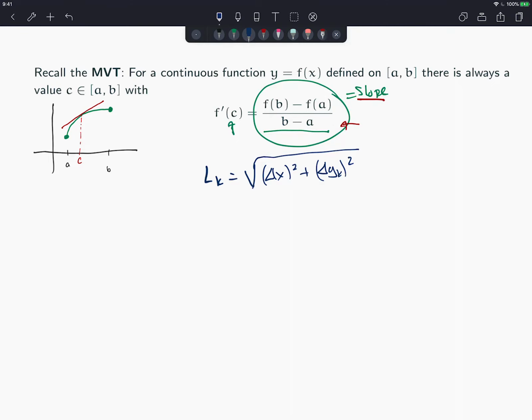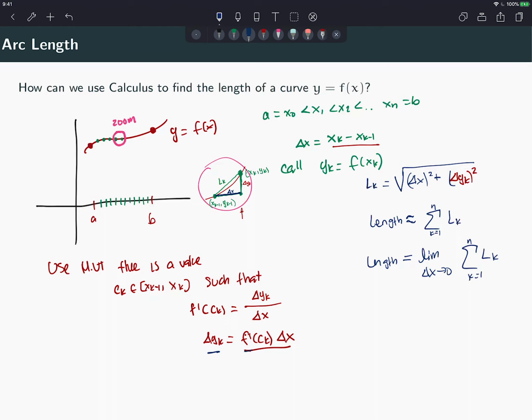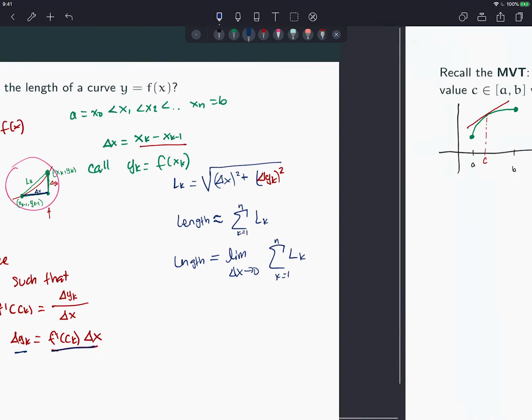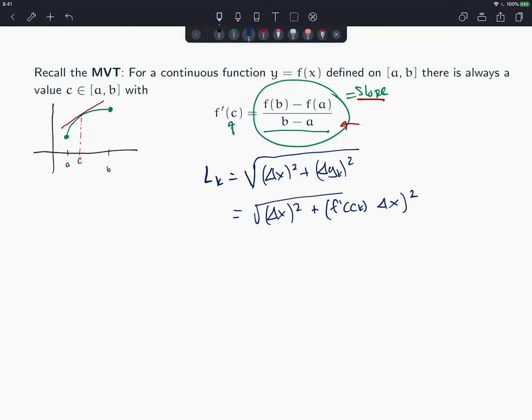But we found a way to write this delta y as f prime of ck times delta x. That's what I have over here, right? Delta yk is f prime of ck times delta x. I'm using that inside here, and I'm squaring it, okay? So this, of course, becomes the delta x quantity squared plus f prime of ck quantity squared times the delta x again squared.